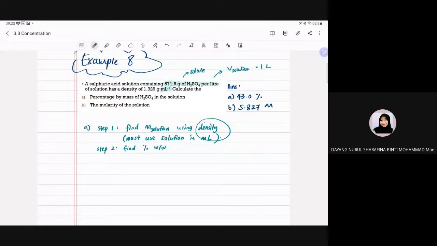Oh, by the way, minggu hadapan pada hari Sabtu, kita akan ada UPS ya, ujian penilaian summative. Dia adalah chapter 1 sampai chapter 3. Kita akan buat guna Google Form. Dia akan buat serentak, jadi make sure pada hari Sabtu tu internet kamu capaian semua okey.